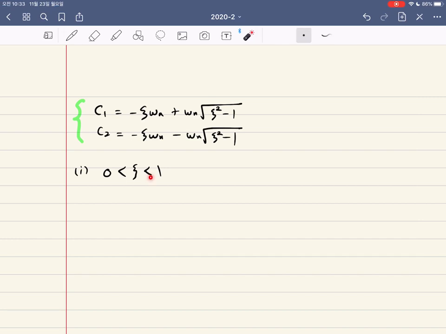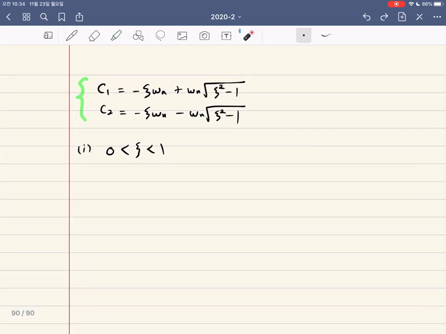Okay, then with this boundary, can you see what happens inside this square root? Inside the square root will be negative, right? Therefore, this whole thing will be an imaginary number.